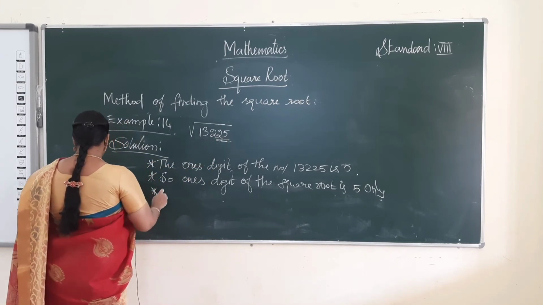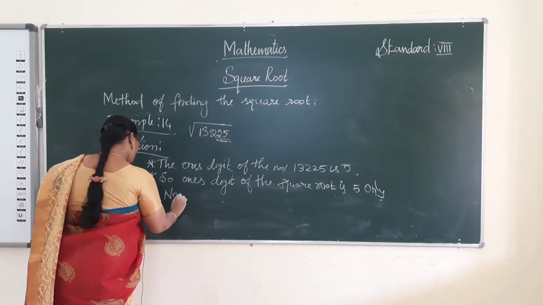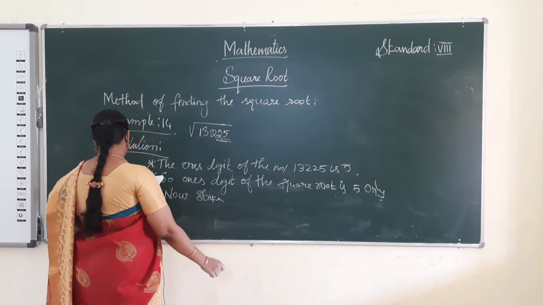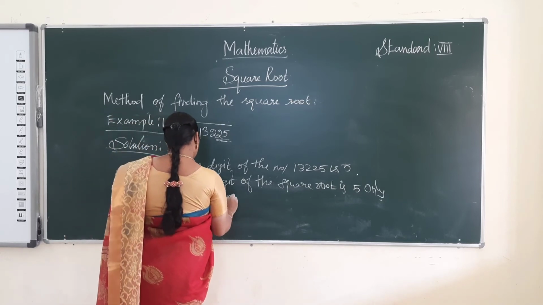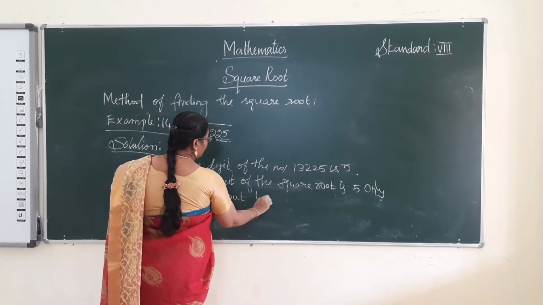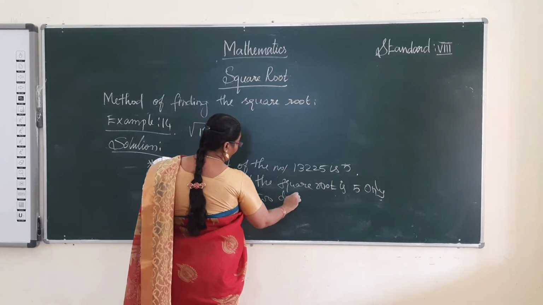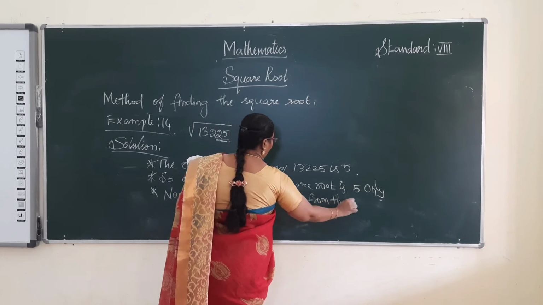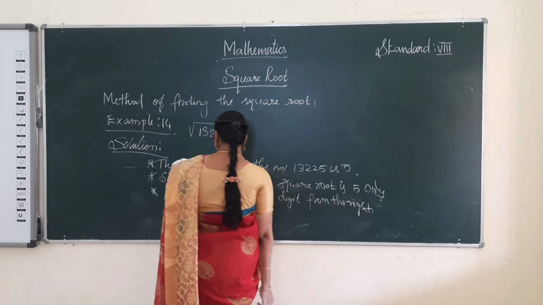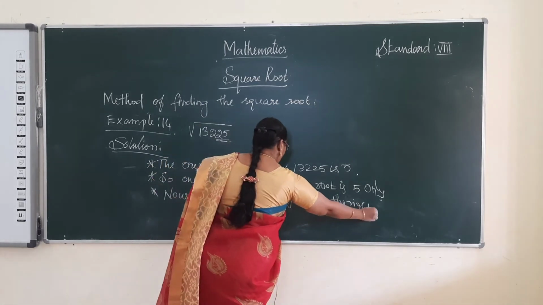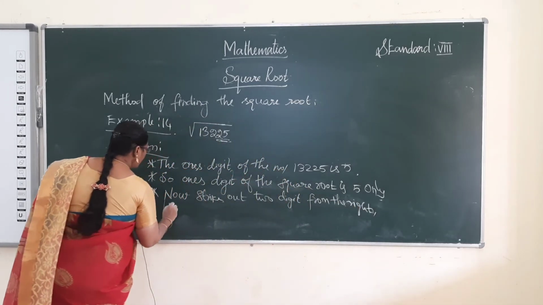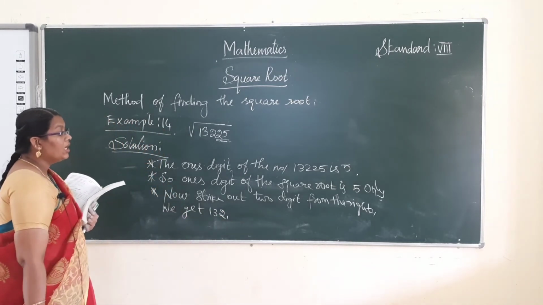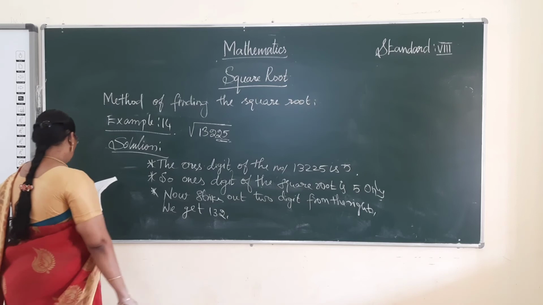Third point: strike out two digits from the right. We get 132.